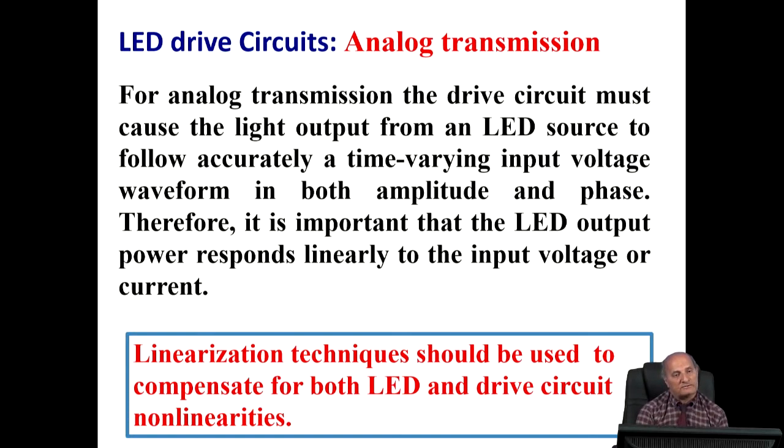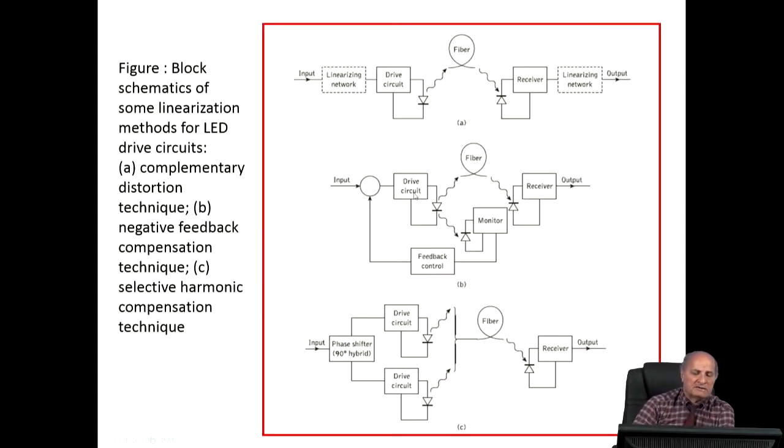This is useful to reduce distortion of the output modulated signal of the transmitter. For linearization, we can use different techniques. Maybe use them at the transmitter side, at the receiver side, or both.